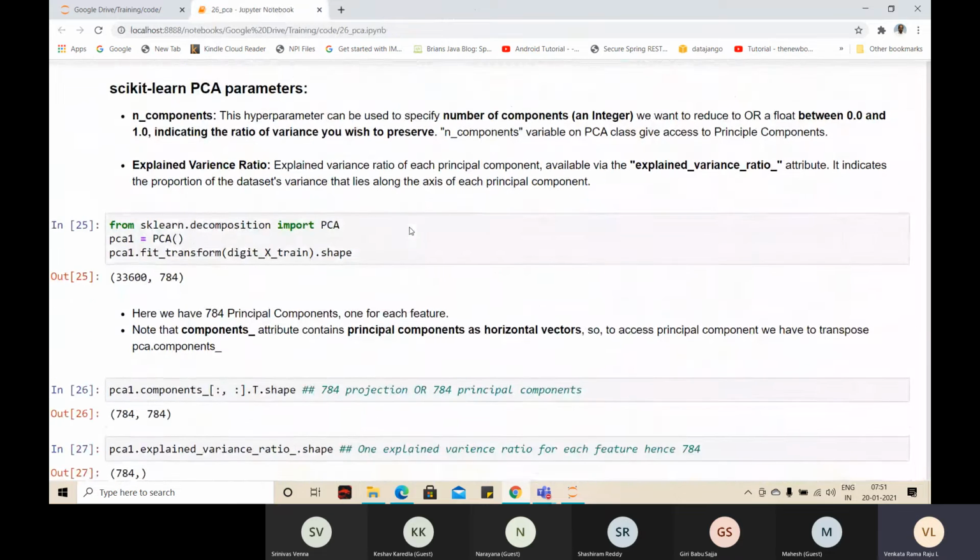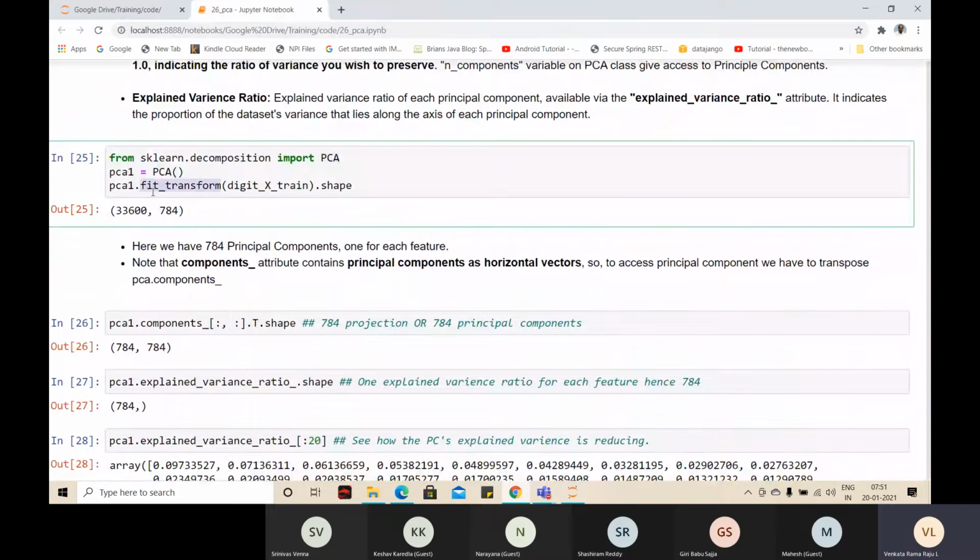So we took PCA and then did fit transform and we got the same number of rows and the same number of columns. I said that if you pass 784 columns, it is going to reduce the dimensionality, but it did not. Do you remember why? I explained yesterday, right? When I did fit transform, it still gave the same 784 columns.